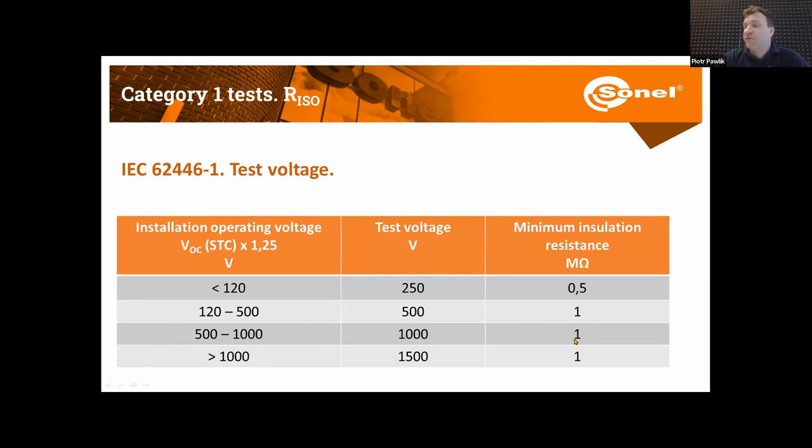Again, the minimum value of resistance is 1 mega ohm. For the larger systems above 1000 volts, we need to test them with a test voltage of 1500 volts. Again, the requirement is that the minimum value of resistance of their insulation will be 1 mega ohm.